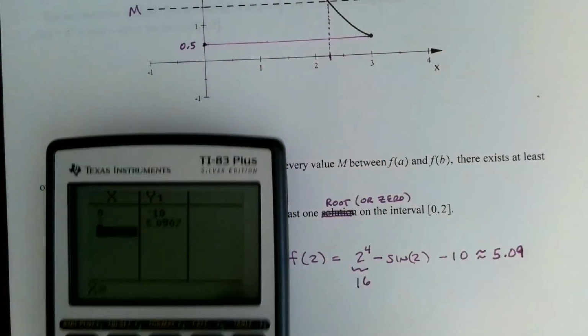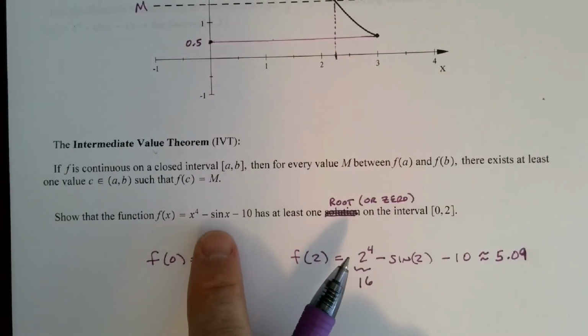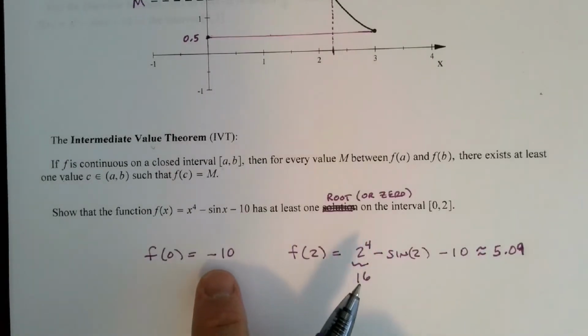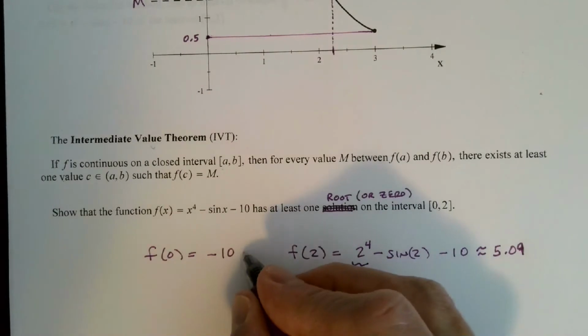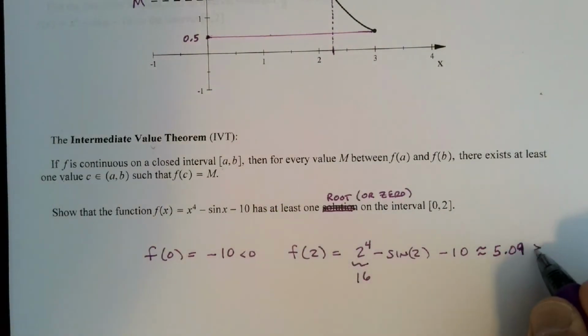But the point is, we were saying show that this has a root or 0. Show that there's a value of x that makes the function 0 on this interval. Well, notice at the endpoint 0 it's negative, it's less than 0. And at the endpoint 2 it's positive, it's greater than 0.